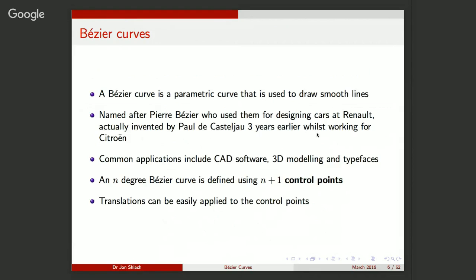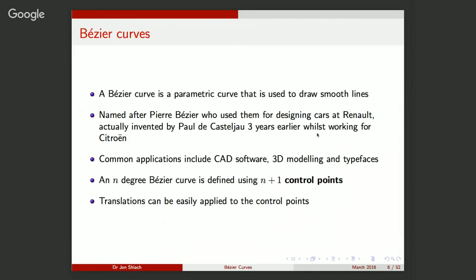So a Bezier curve is a parametric curve that is used to draw curved lines, or smooth curved lines. It's named after a guy called Pierre Bézier, who was designing cars for Renault. Back in the olden times, cars used to be a bit more square and blockier than they are now.